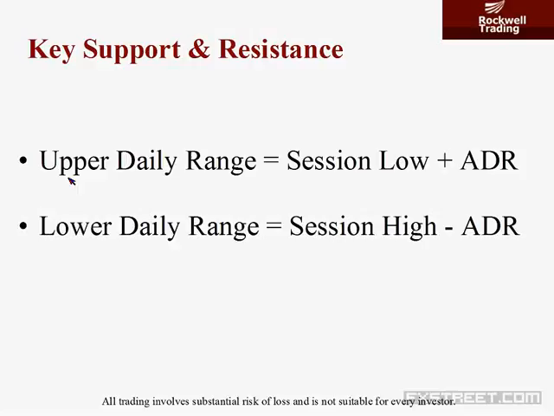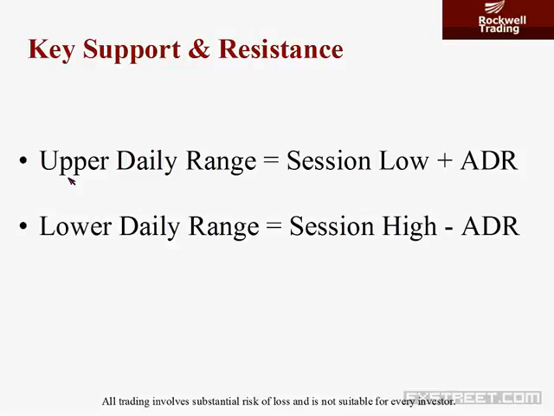But what we found is that in most scenarios, a market has a very tough time moving outside of the average daily range. The average daily range calculation is really just the average between the session high and low over a 7-day period, and you know that most of the time your current trading day will stay within those ranges.